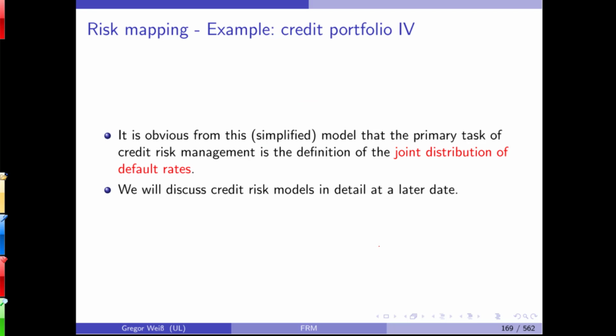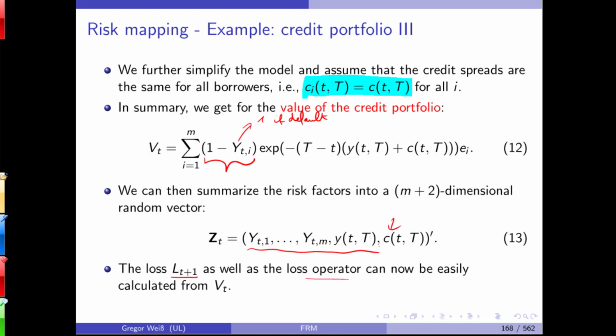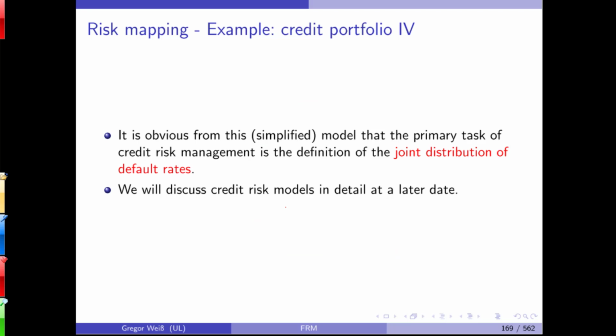Okay. Now, even in this very simple model, we can see that the portfolio value depends on the joint probability of default. And this is something you should always remember.